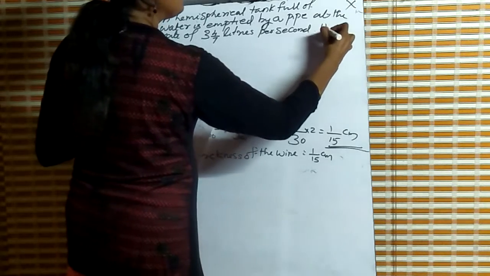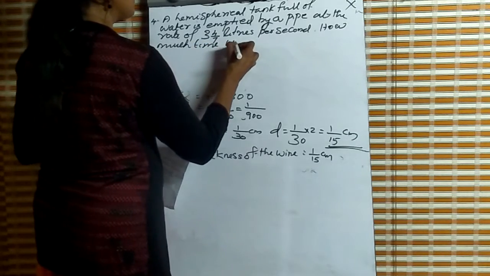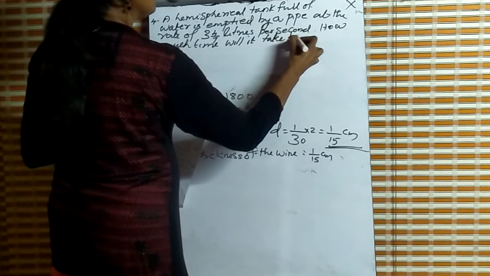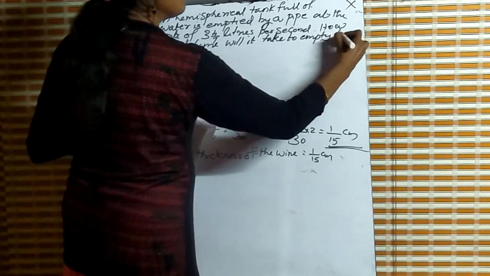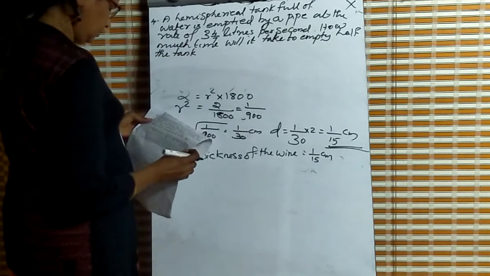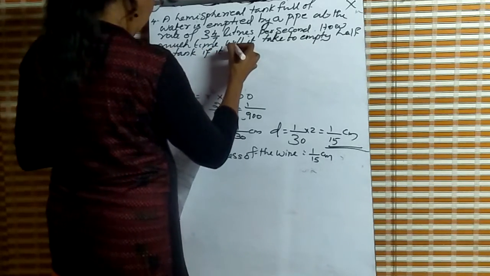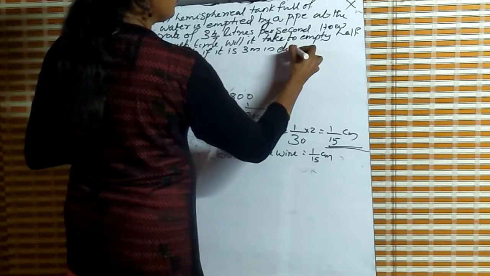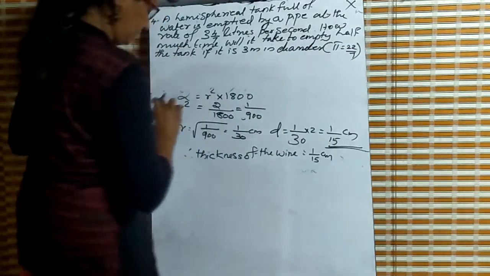How much time will it take to empty half the tank if it is 3 meter in diameter? Pi is equal to 22 by 7.